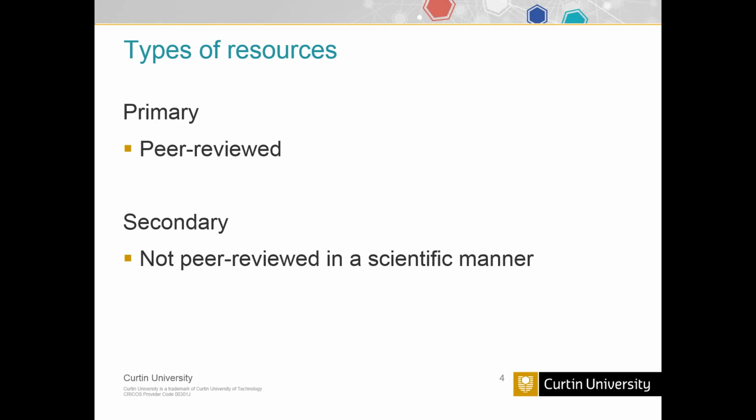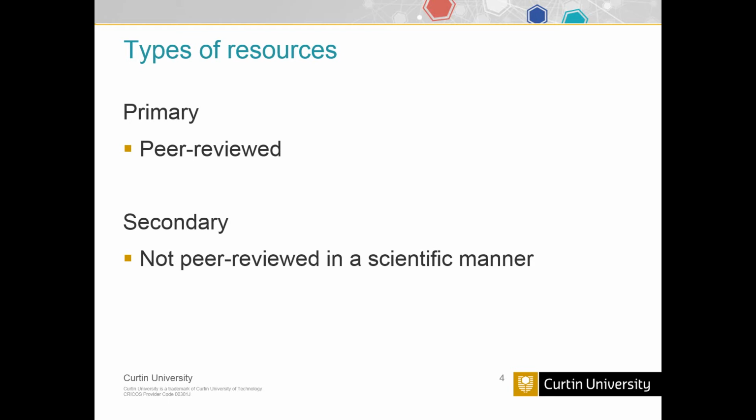Peer-reviewed scientific work is written up, sent to a scientific journal editor, and then it is rigorously assessed by other scientists who are experts in the area. Journal articles have all been through this process. Peer-reviewed work can also include reports which are produced by agencies such as the Water Corporation or the Commonwealth Scientific and Industrial Research Organisation, CSIRO.